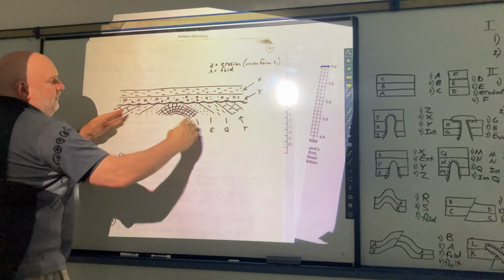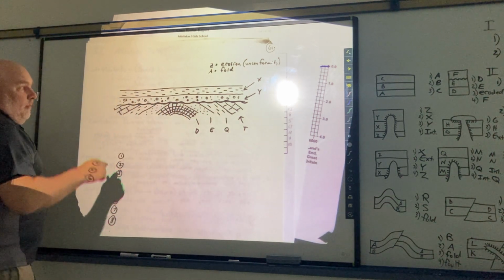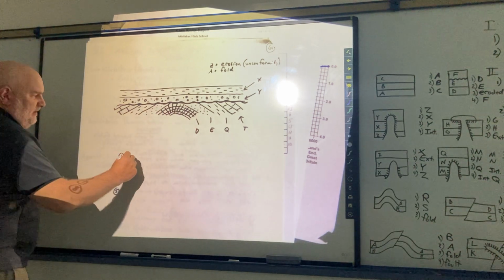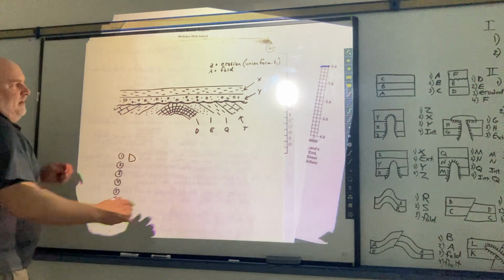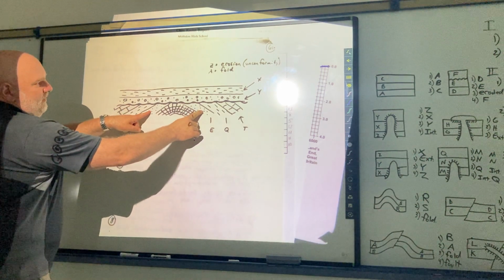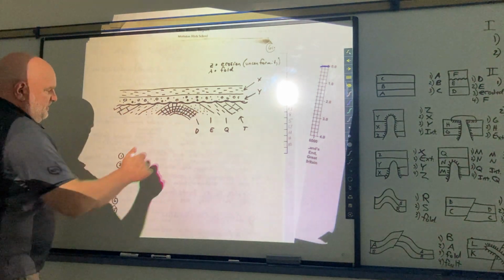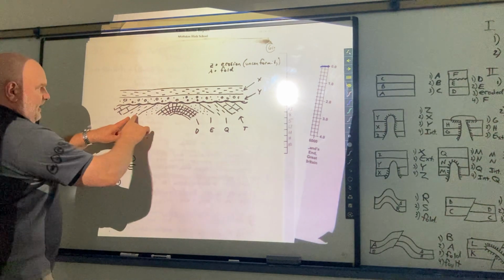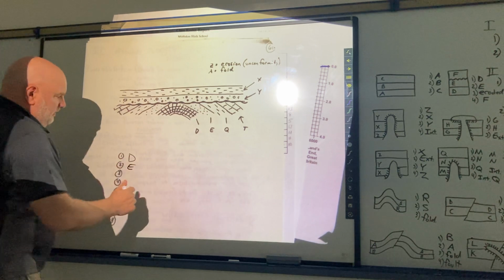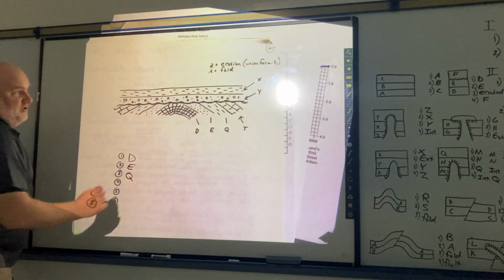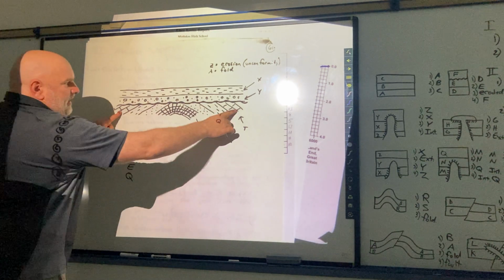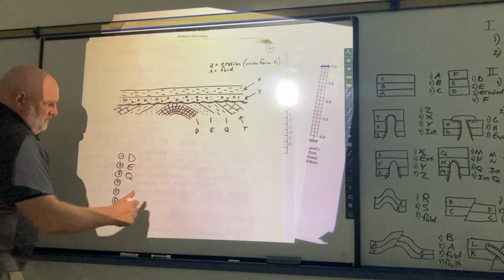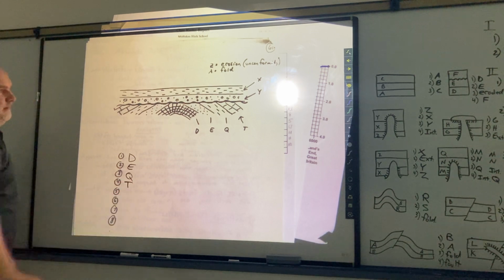If I take all these layers and flatten them out, the farthest rock layer down would be this one right here, which is layer D. Then the next layer would be this one right here, which is layer E. Then the next layer would be this layer right there, which is Q. The next layer would be this layer right there, which is layer T.